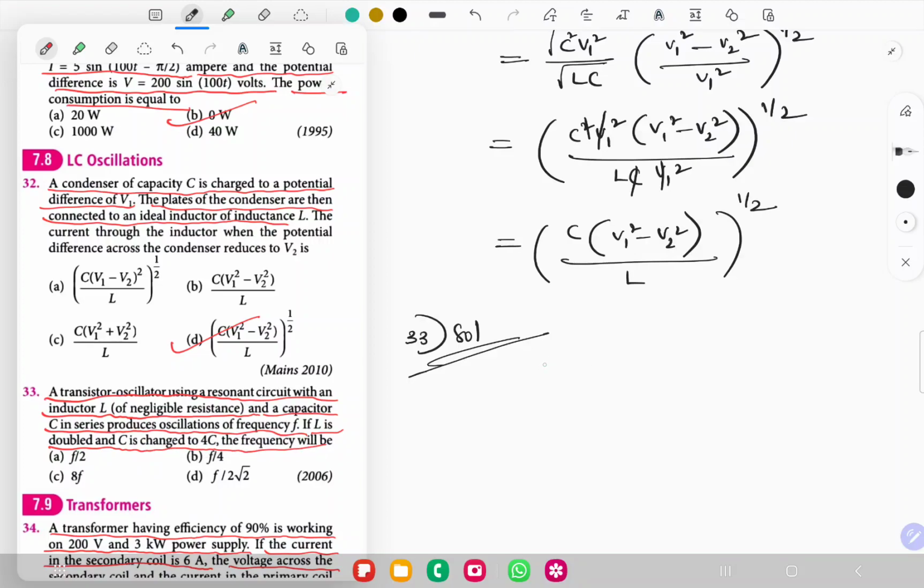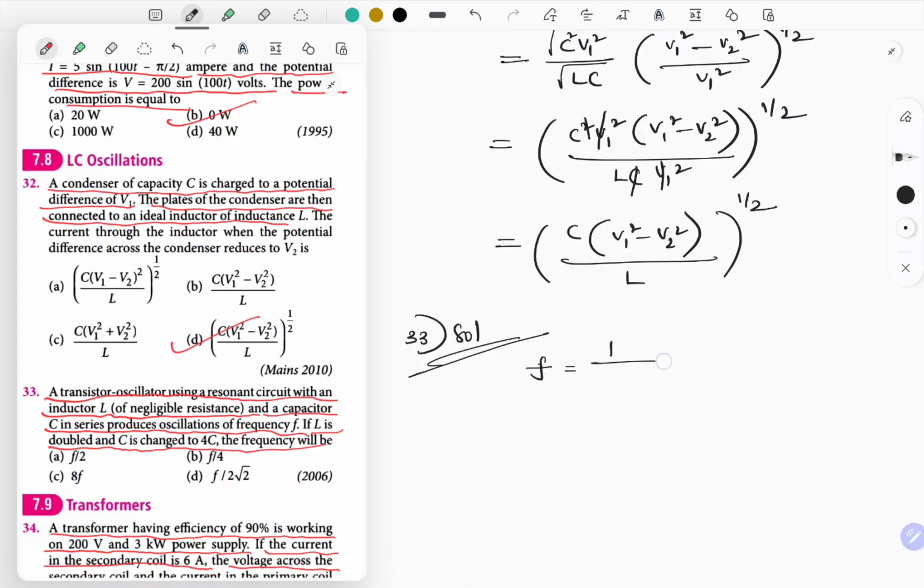The oscillating frequency is the resonant frequency, that is F is equal to 1 by 2 pi root LC. Then F2 by F1 is equal to the square root of L1 by L2 into C1 by C2.